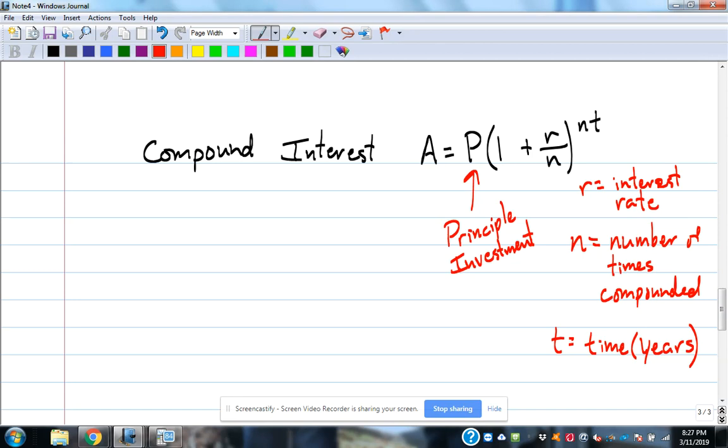Some of the accounts will compound interest daily, even. Those exist. They're hard to find. You almost have to have a really, really large amount of money to put into it. There's a really large minimum balance that you have to maintain for that kind of account.